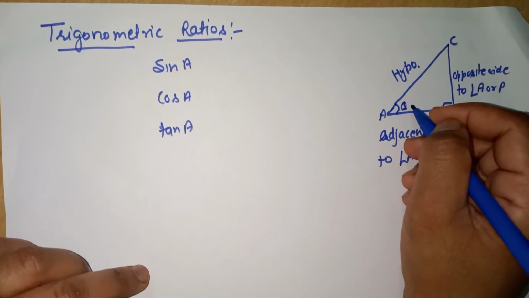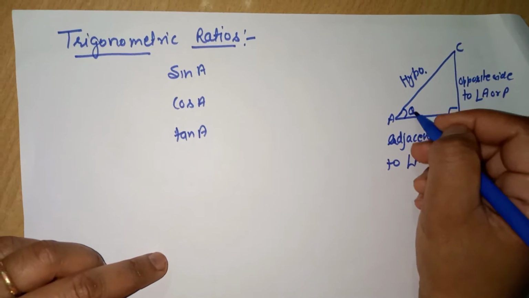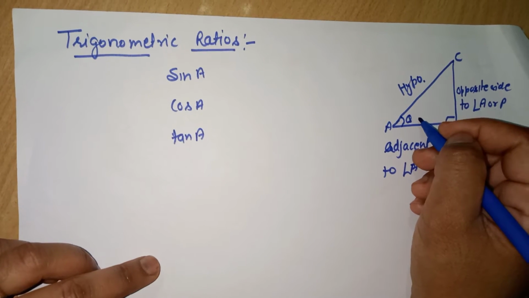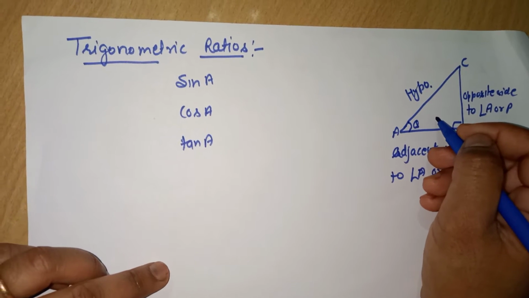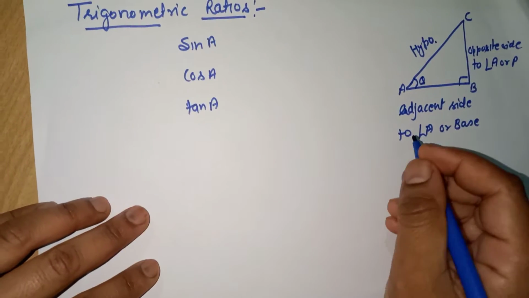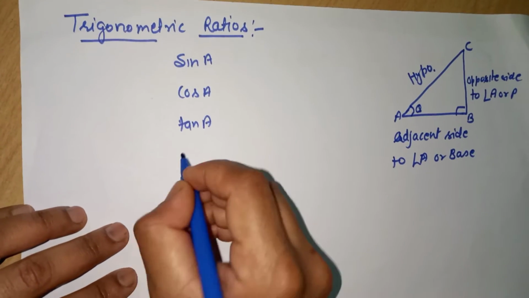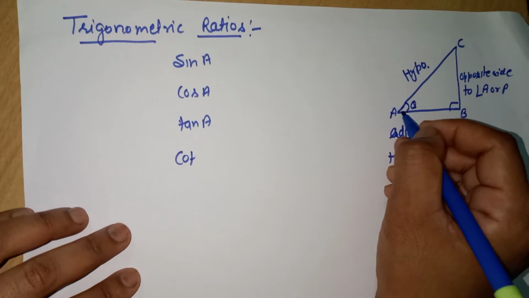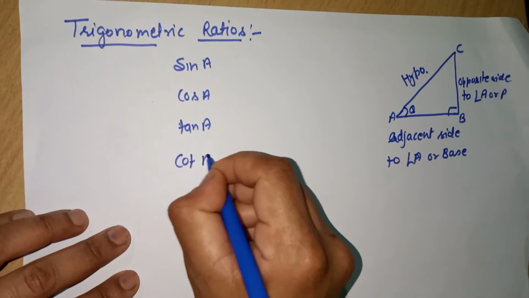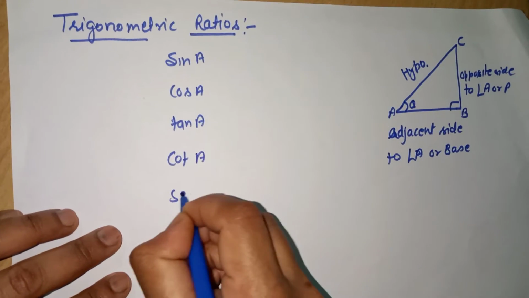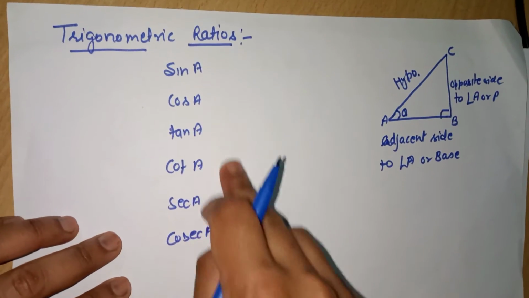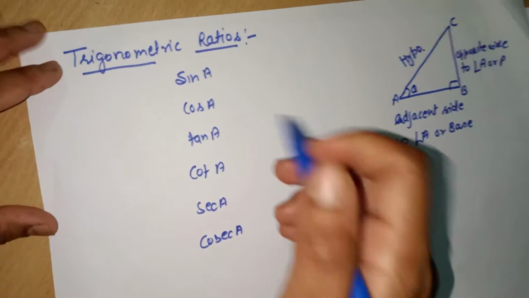Here theta is the Greek symbol which is used to denote the angle, and it can have any value like 0, 30 degrees, 45, 60 degrees, 90 degrees, etc. So we can also write theta instead of angle A here. Tan, secant, cosecant. These are our 6 trigonometric ratios.